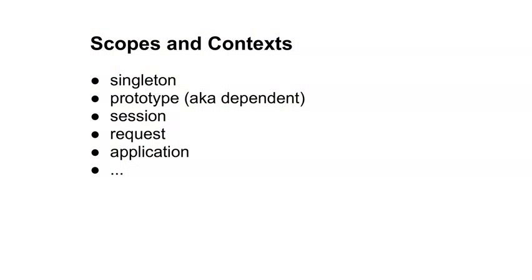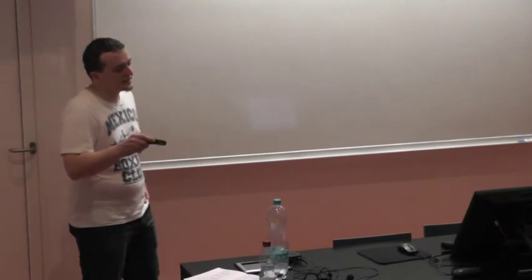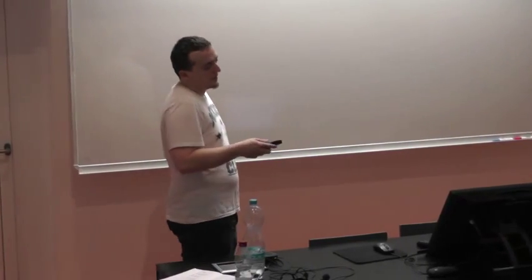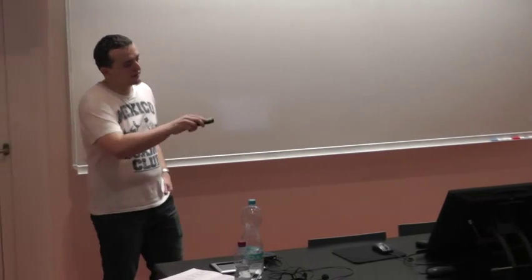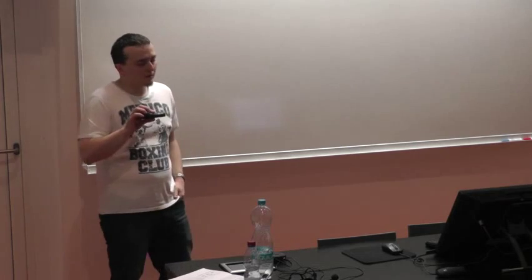It's just one instance that everybody gets, and the prototype, or dependent, which is the term used in CDI, is the exact opposite. This one is created every time you need a dependency, a new instance is created. All other scopes, the session, request, and application, are scopes that are bound to some existing object in the application, like an HTTP session, request, or the application itself.